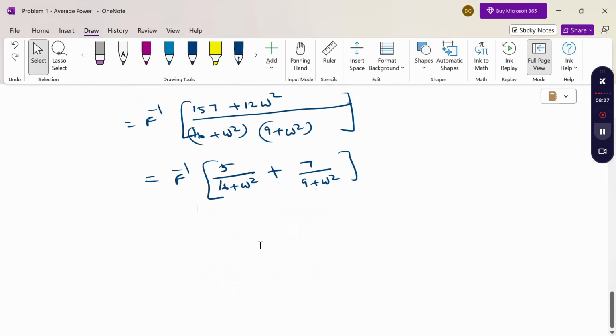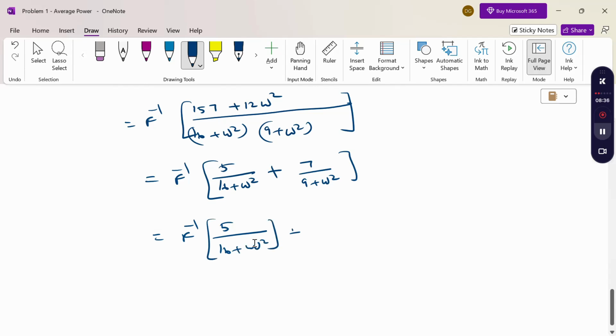Now split up, taking the Fourier inverse transform of 5/(16 + omega square) plus 7/(9 + omega square). This is a Fourier inverse transform. But if you know the important result, I consider this equation number 5.